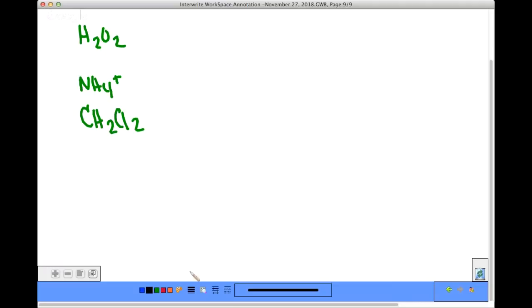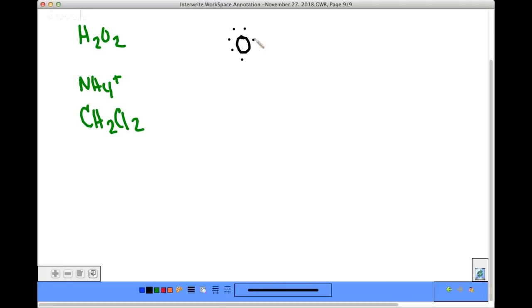This one's a kind of a more complicated one because it's not as straightforward on how to bond. But you can start to think about this this way. Oxygen has 6 valence electrons. And there are 2 oxygens. If this oxygen right here has 6 valence electrons, that means that it's going to need to form 2 bonds.